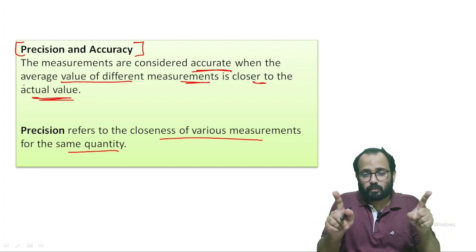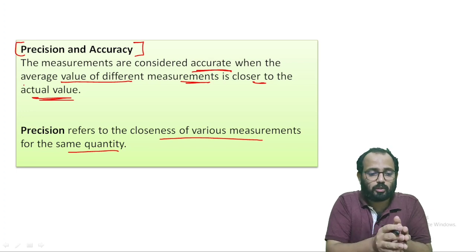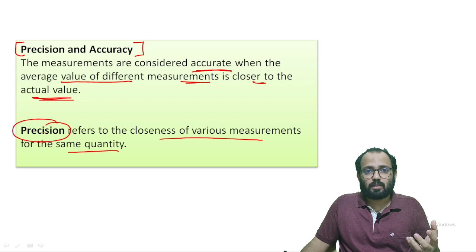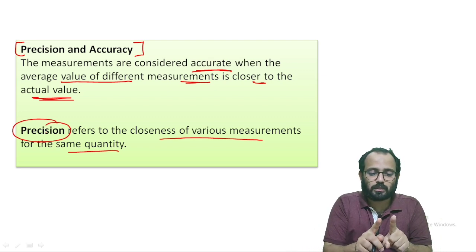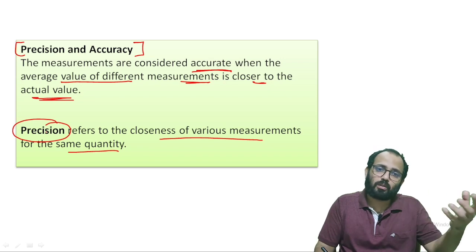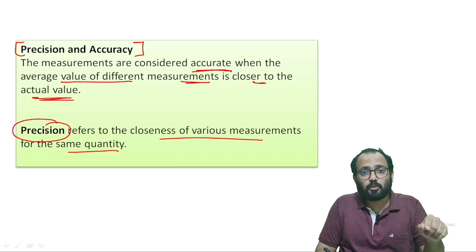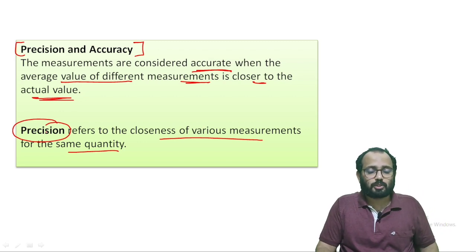Precision is just the closeness of measurements. Even if the average is not near the true value, it doesn't matter, they are precise. But to be accurate, the average should come closer to the true value.